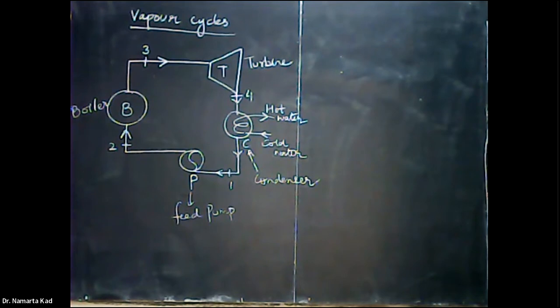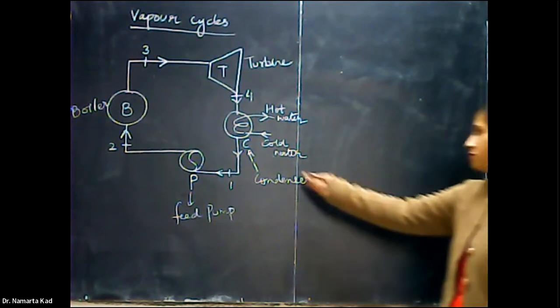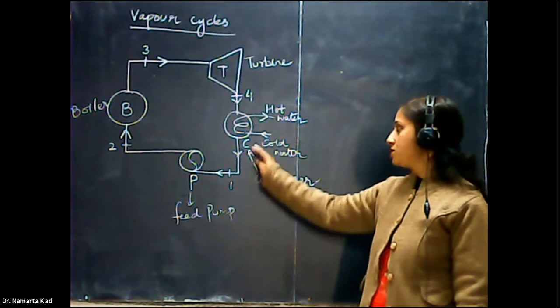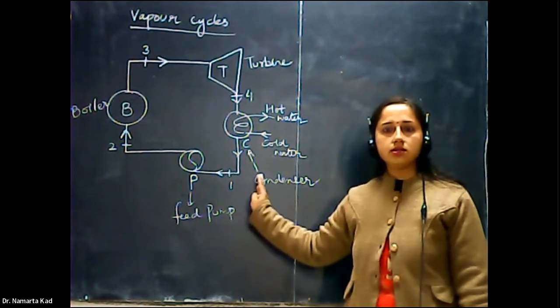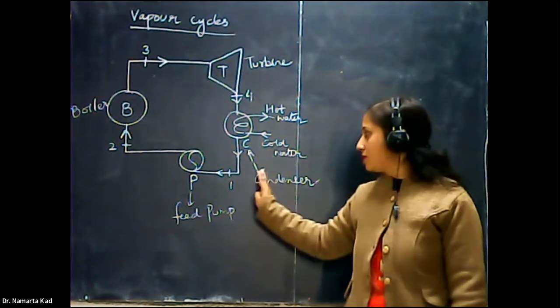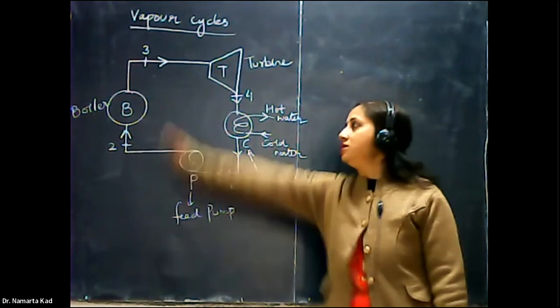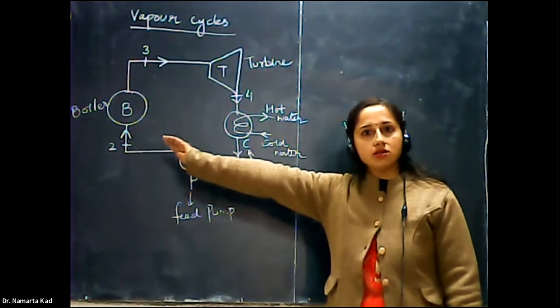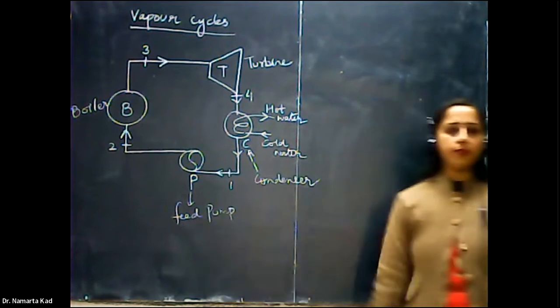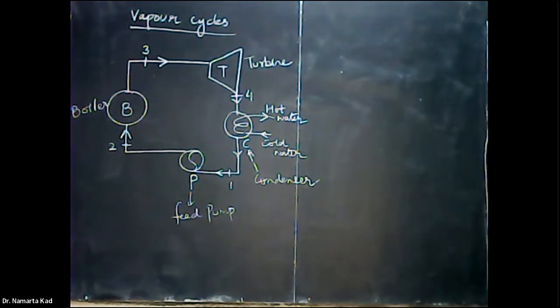The condensed steam that is taken from the condenser shell we call the condensate, and that condensate is then again fed to the boiler through the feed pump. So the feed pump is used to feed the condensate to the boiler, and this feed pump increases the pressure of the condensate up to the boiler pressure at the expense of work done on the pump.